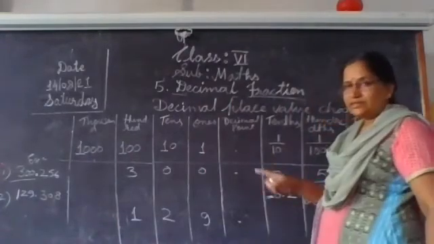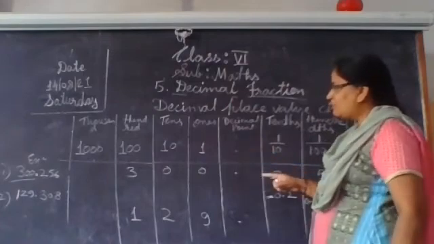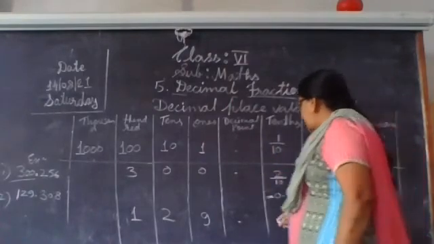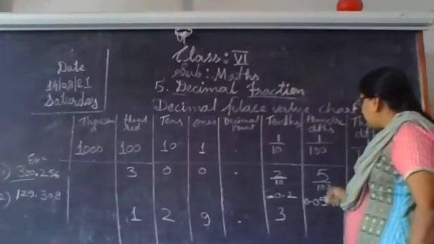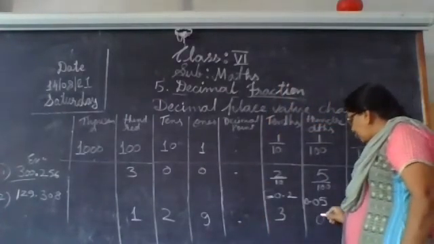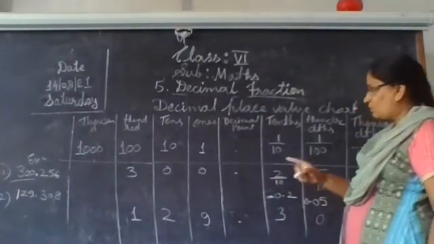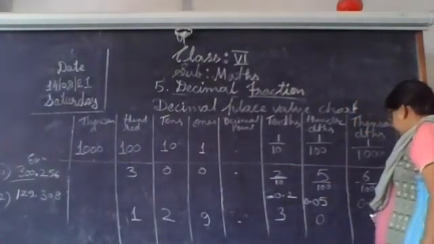After the decimal point, the first place is 3. Then 0. Here the hundredths place is 0. So you have to write 0 and 8.